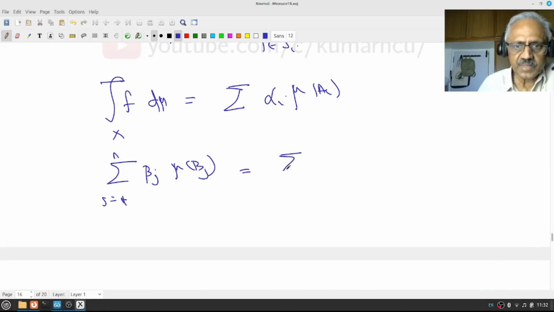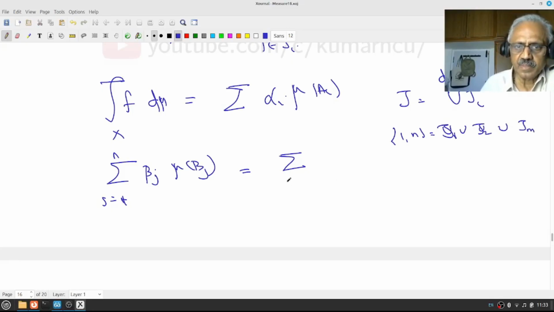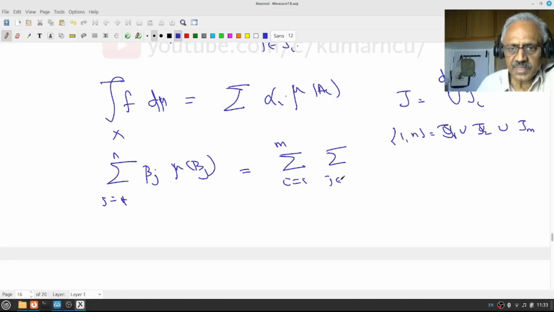Now this I split, since the index set is the union of the J_i, a pairwise disjoint union. Therefore, this 1 to n, I can write as J1 union J2 union up to Jm. Are you following? Therefore, that is going to be the sum over i equal to 1 to m of the sum over j running over J_i of β_j times μ(B_j).